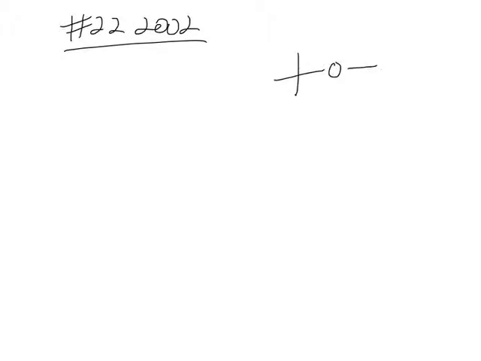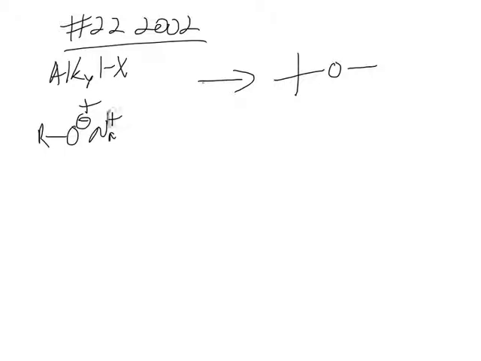So for number 22 in 2002, they're asking, what's the best way to form this product? The starting materials they're giving you are a strong base and an alkyl halide. They're giving you a strong nucleophile, alkyl X, plus an OR minus Na plus.